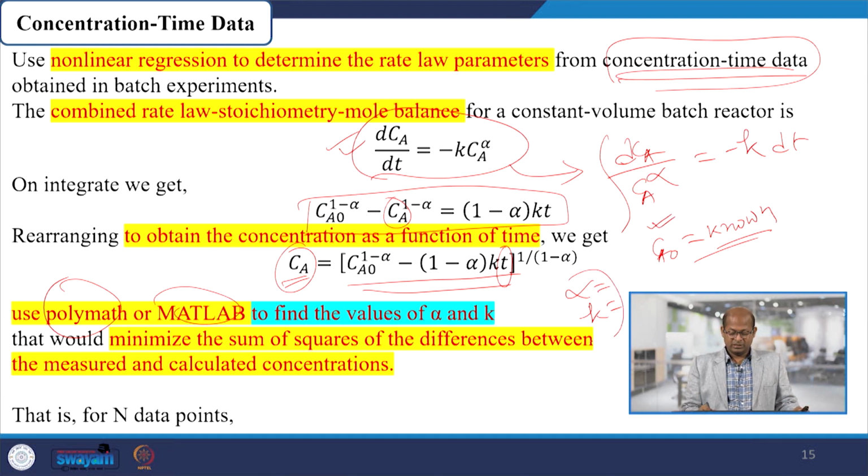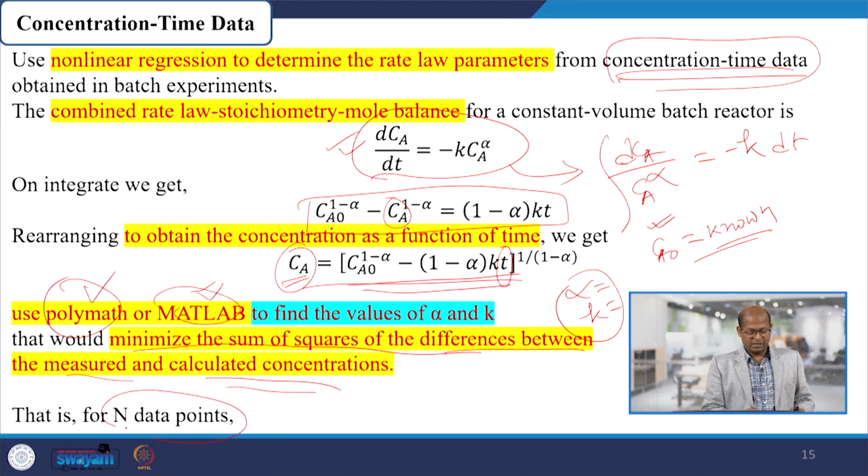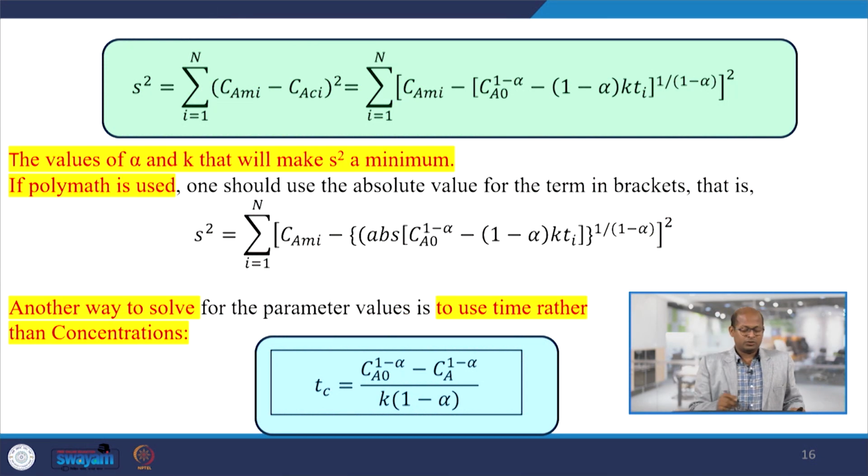So, using Polymath software, MATLAB software or any other software, we can use nonlinear regression techniques to minimize the sum of squares of the difference between the measured and calculated concentration data over n data points. Okay. So, now sigma squared we have to find out. CA here is the experimental measurement, and this is CA calculated.